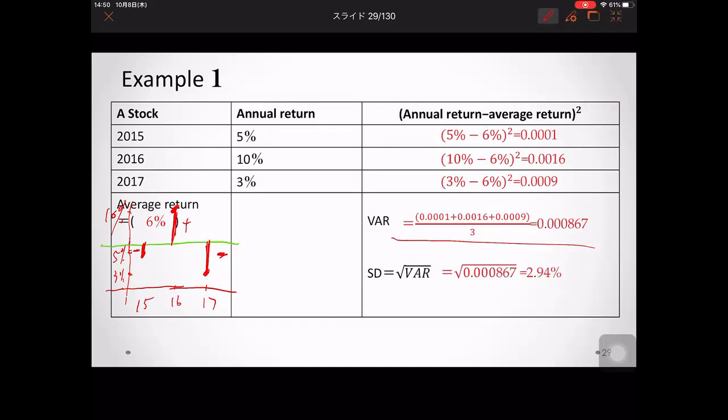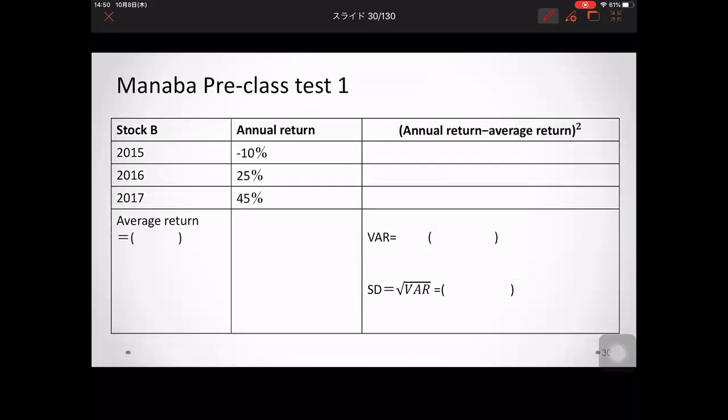We can calculate that the standard deviation equals 2.94%. This is the explanation for standard deviation and variance. Now it's your turn to do the multiple-choice in-class test. That's the end of today's lecture. Thank you so much.